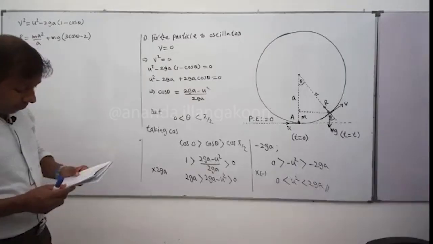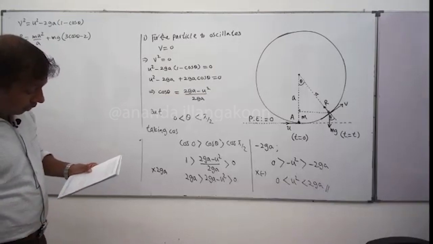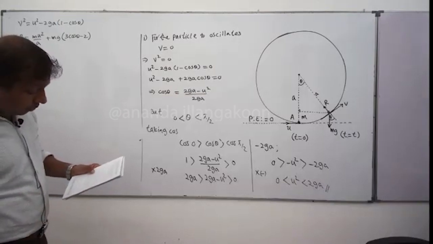Now, secondly, given if 2ga is less than u squared, less than 5ga, the particle leaves the circular motion and moves as a projectile motion under gravity.